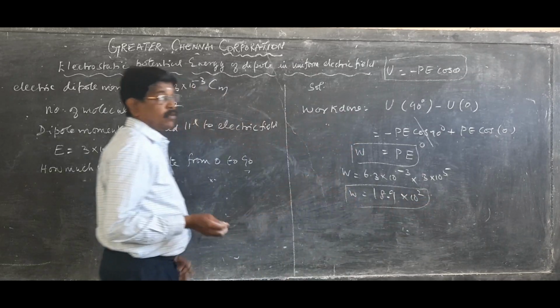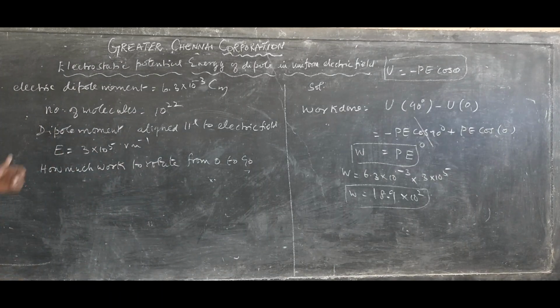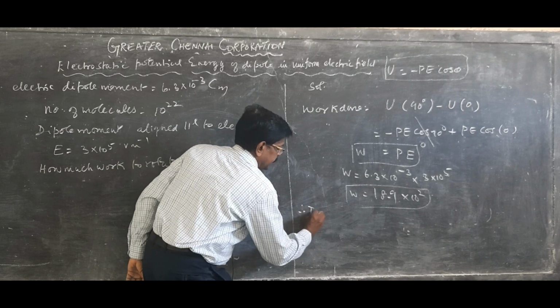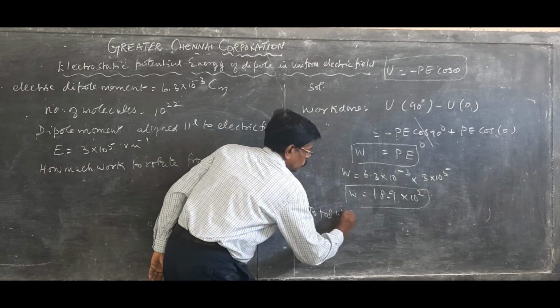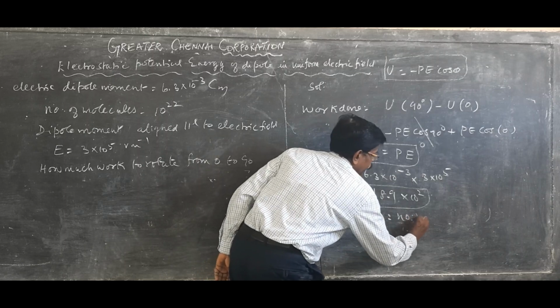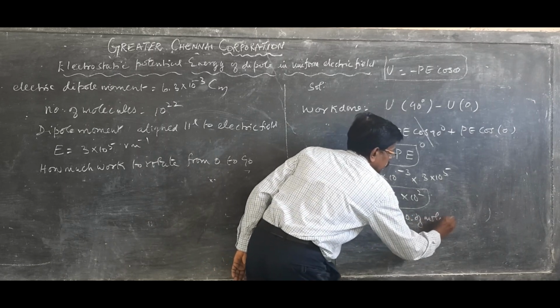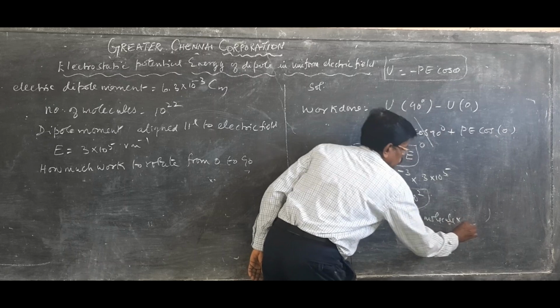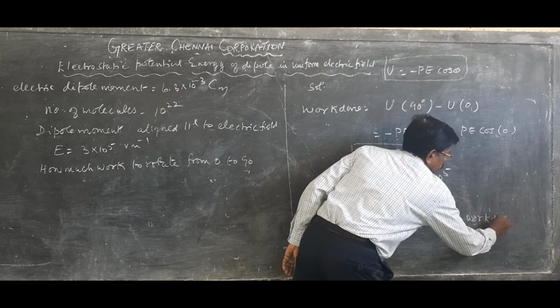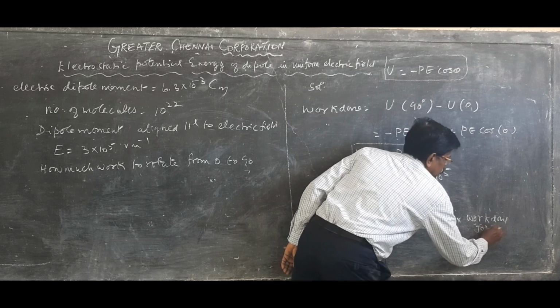See, remember, this is the work done to rotate only one molecule. How many molecules are given? 10 power 22. So total work done is the number of molecules into the work done for a single molecule.